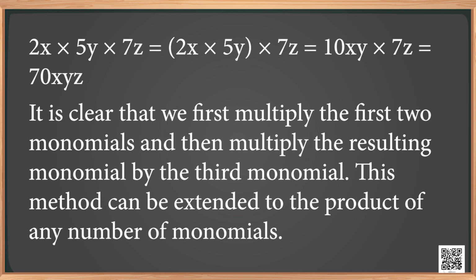It is clear that we first multiply the first two monomials and then multiply the resulting monomial by the third monomial. This method can be extended to the product of any number of monomials. Now, try yourself.